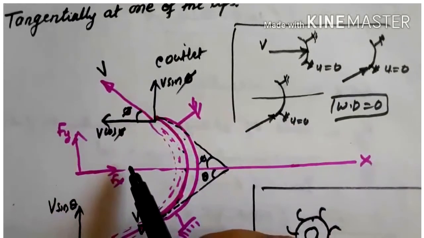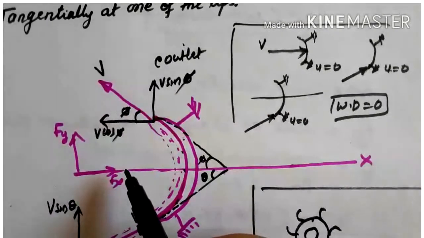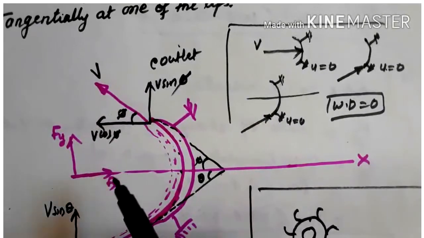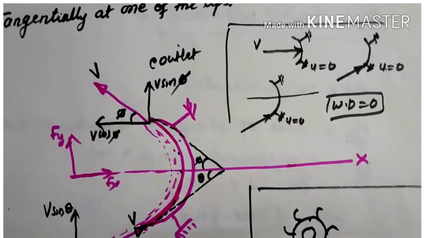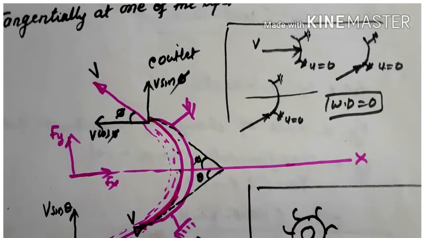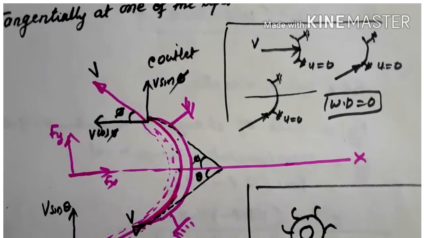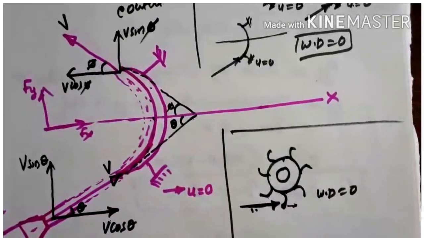In all these three cases we have solved, the jet striking at the center of the vane, the jet striking at one of the tips when the vane was symmetrical, and the jet striking at one of the tips when the vane was unsymmetrical, we have considered the stationary case, hence the work done will be 0.